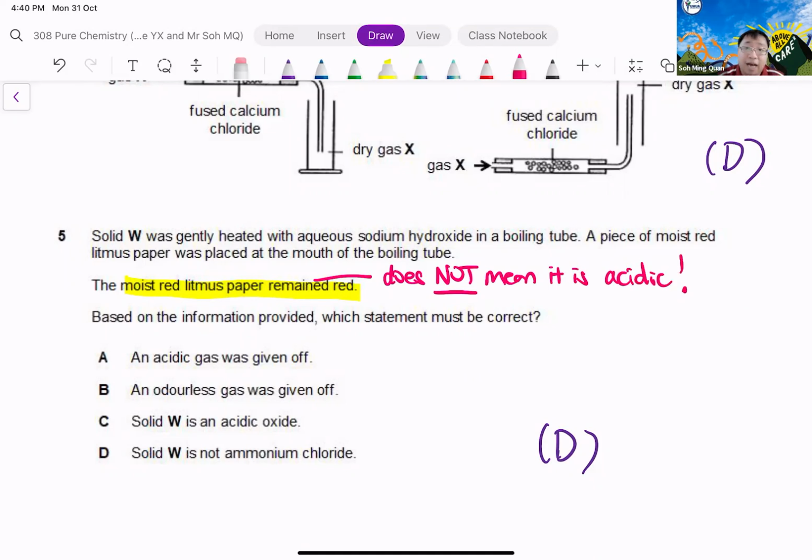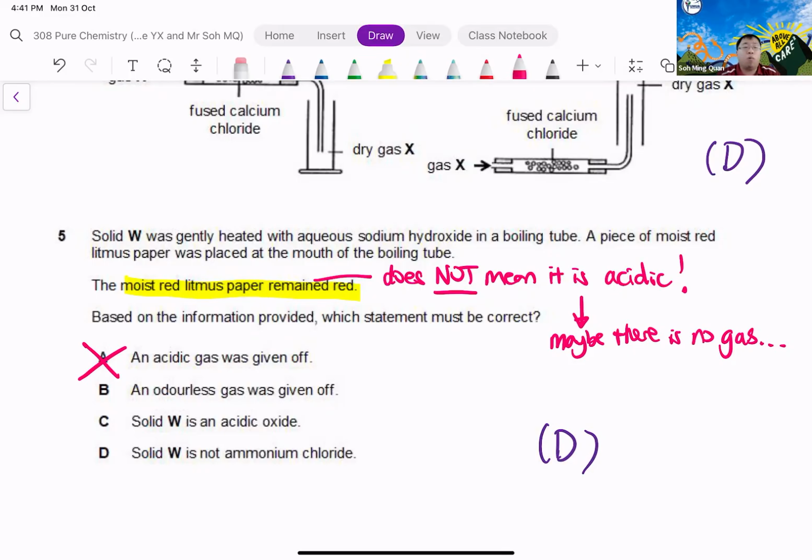It remains red doesn't mean anything. You really got to test with blue litmus paper, and see if the blue litmus paper turns red. If there's no change in color, it doesn't mean it's acidic. For all you know, maybe there is no gas at all. So A is definitely wrong. A is an attractive answer, but it's wrong. Maybe there's no gas at all, and that's why the litmus paper remains the same color.